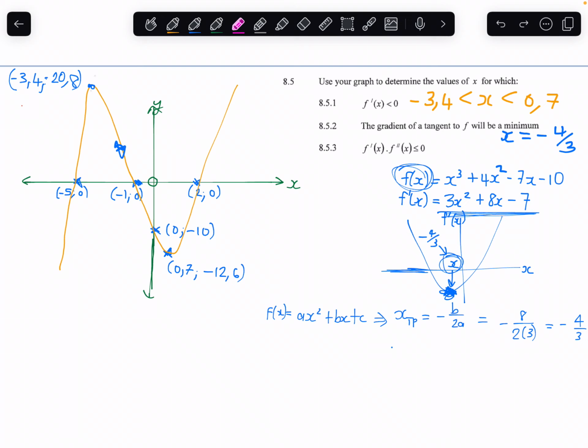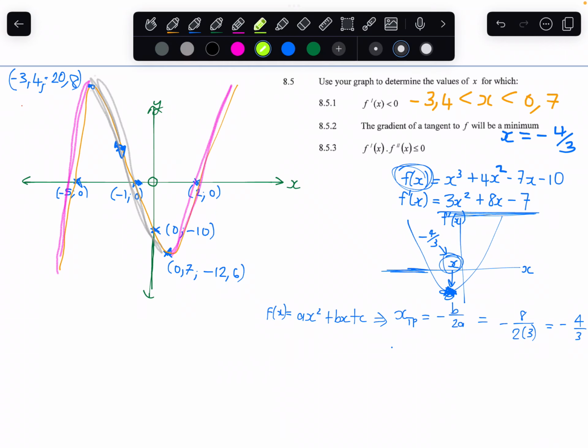We have f prime is positive over here, and then again over here. And then f prime is negative for these values of x, and it's equal to 0 over there. So that's the one thing that's going on.